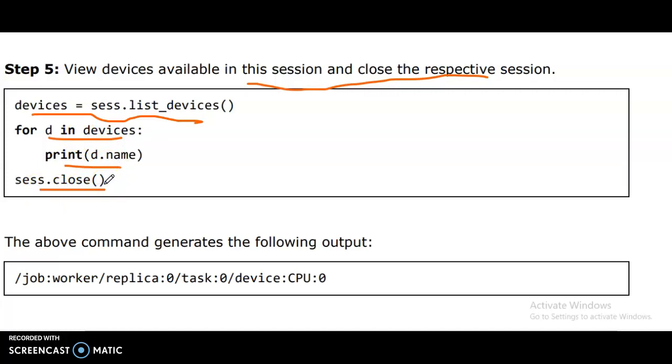The above command generates the following output: job:worker/replica:0/task:0/device:CPU:0.